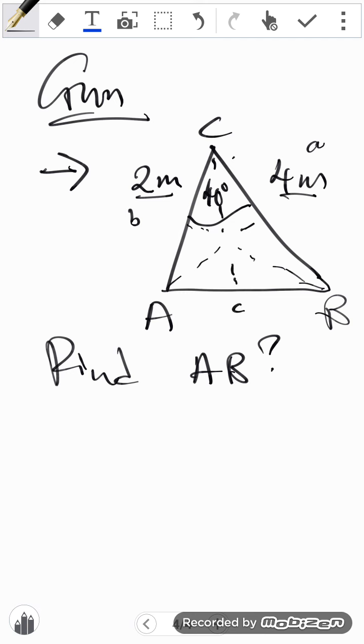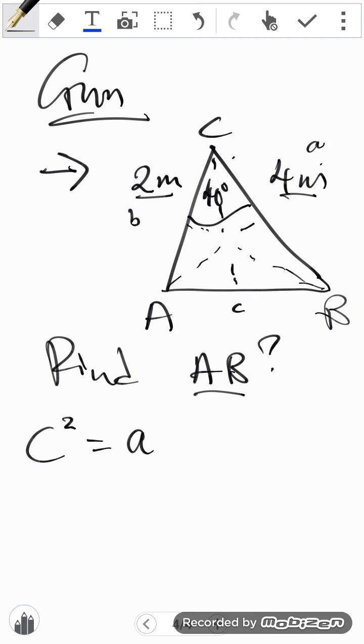So you start by first writing the letter of what you are looking for. You're looking for AB. On AB, what small letter do you have? You have c. So you say c squared is equal to the two given sides, a and b.